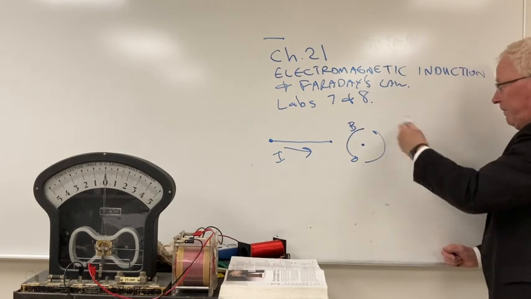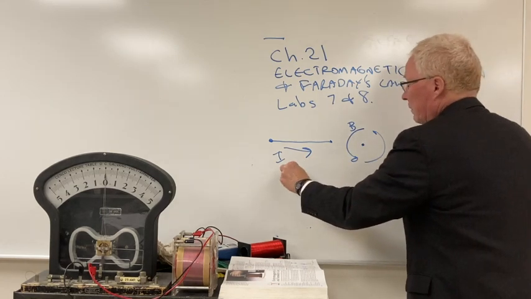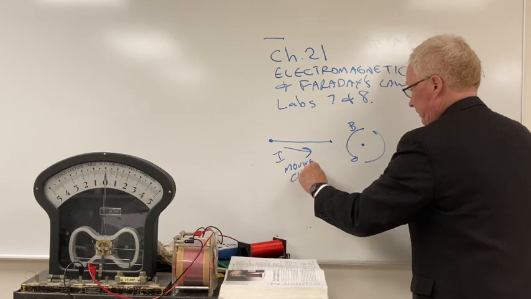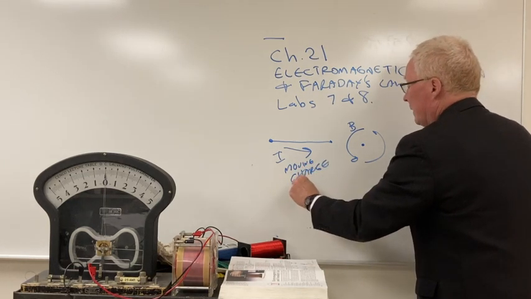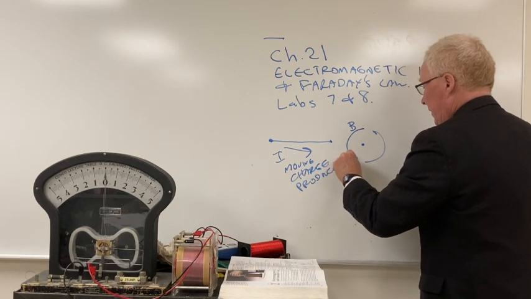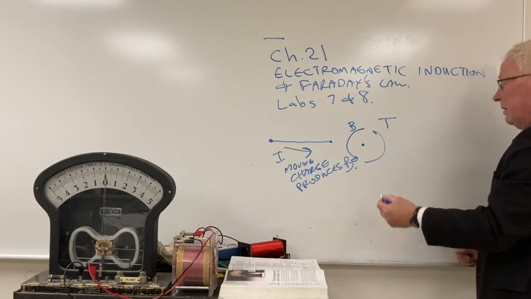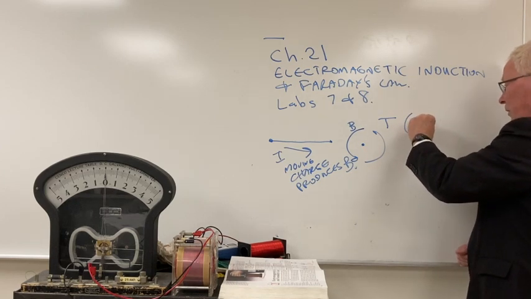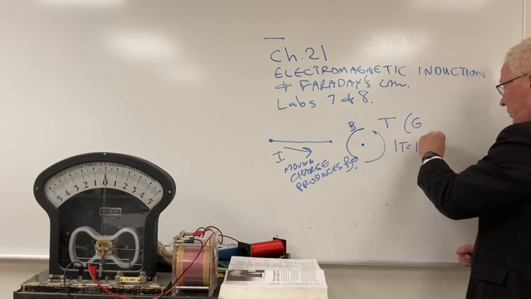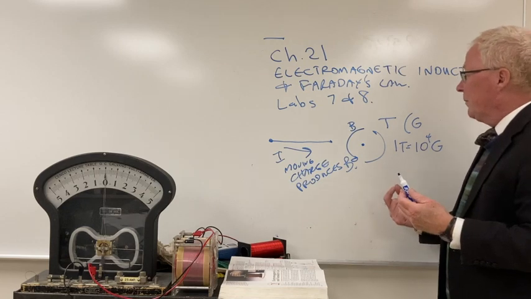So a current, a moving charge, produces B. And again, B in SI units is Tesla, but then we use Gauss, and 1 Tesla is 10 to the 4th Gauss. So that's what we have from the earlier chapters.